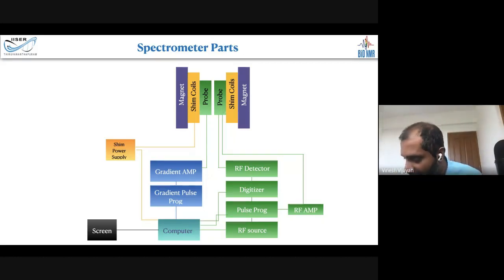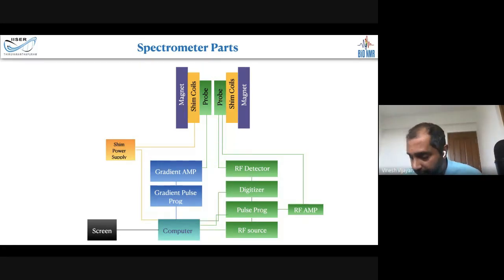If you want nitrogen-15, you have to go through the nitrogen channel, not the carbon-13 channel, meaning the coil that is tuned to carbon-13 will not detect nitrogen-15. So you have to tune your carbon-13 coil to nitrogen-15, or you have a different coil in the probe which is tuned to nitrogen-15. So you have to go through that.